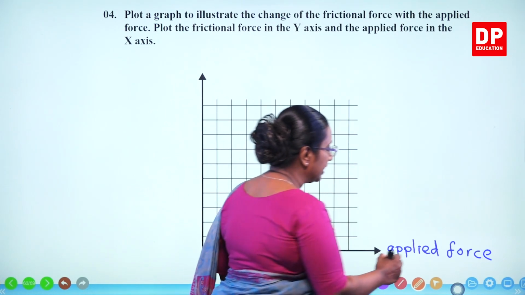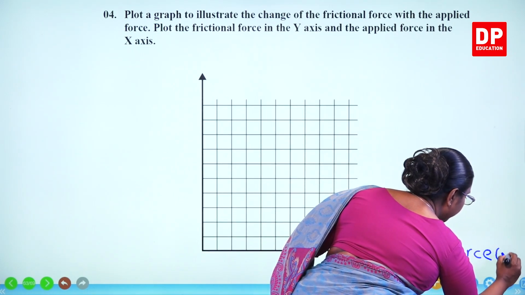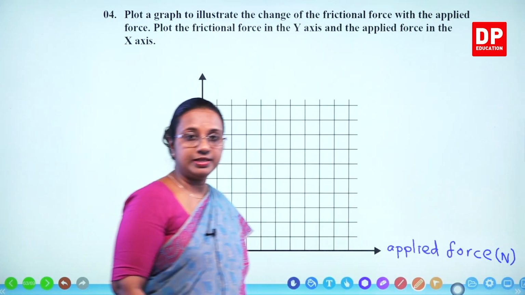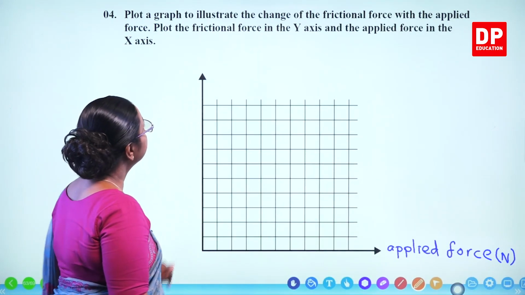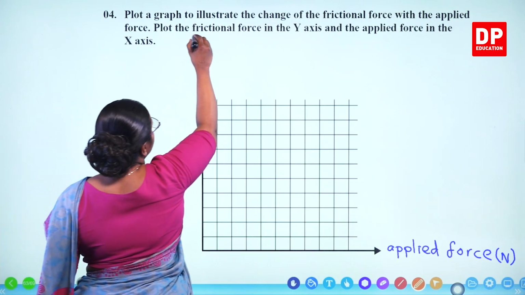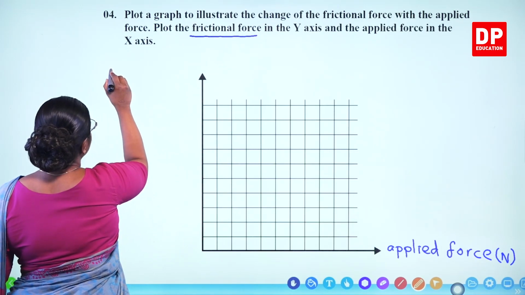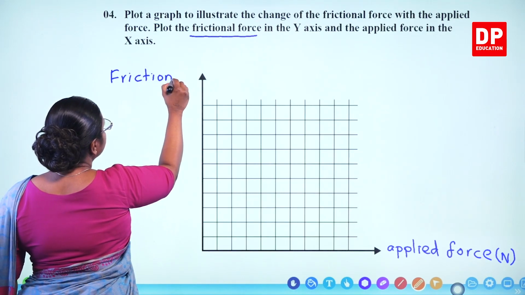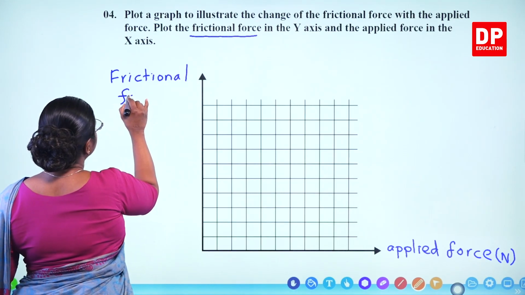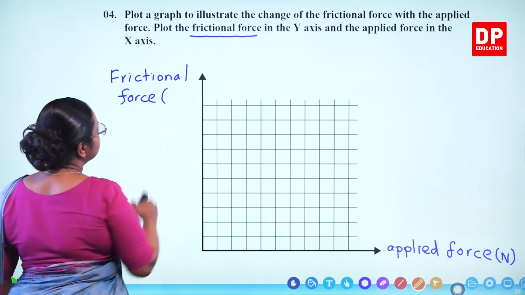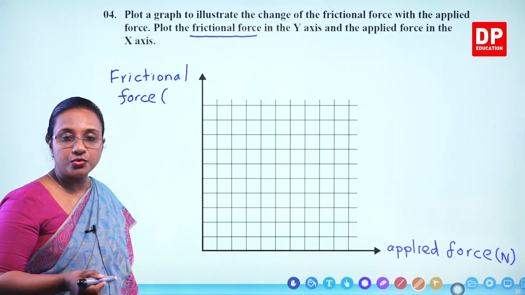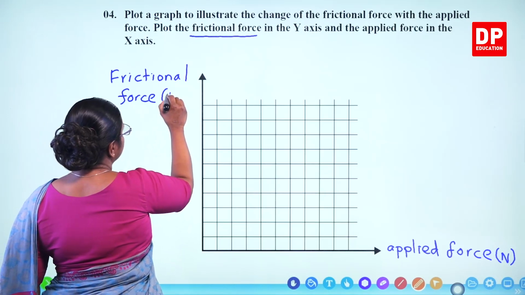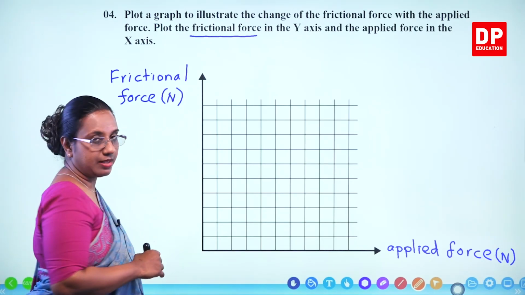It has to be in newtons. So you have to write the unit within brackets. And the frictional force in y-axis. So here we have to label it as frictional force. What is the unit? That is also in newtons. So we write Newton there.